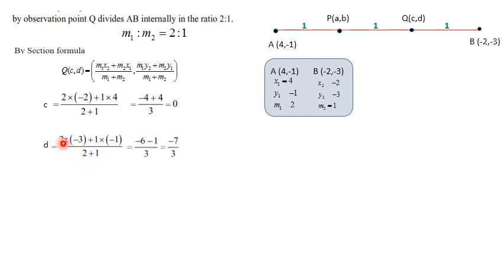Calculation: 2 into -3 is -6, 1 into -1 is -1, divided by 2 plus 1, that is 3. So -6 minus 1 is -7, divided by 3. So -7/3 is the y coordinate of Q. Finally, we can write the coordinates of Q as (0, -7/3). That is the answer. Move on to question number 3.